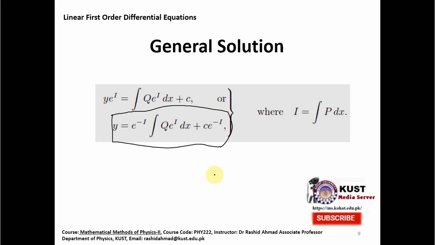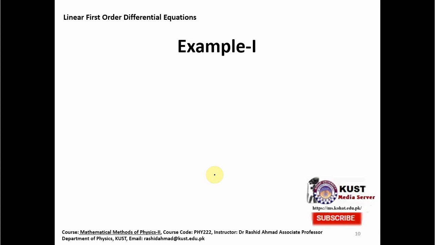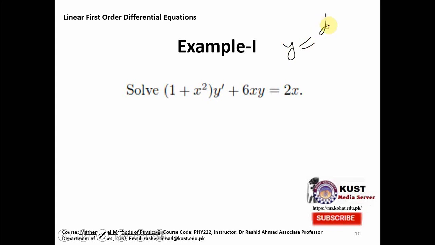And now it's time to give you examples of this type of equation and its solution. So in example 1, we will solve this equation. So now first look at this equation. This is (1 plus x squared) y prime plus 6xy is equal to 2x, and this, you can see, is a first order linear differential equation. So the first term has y prime, which, remember, is the derivative of y with respect to x.